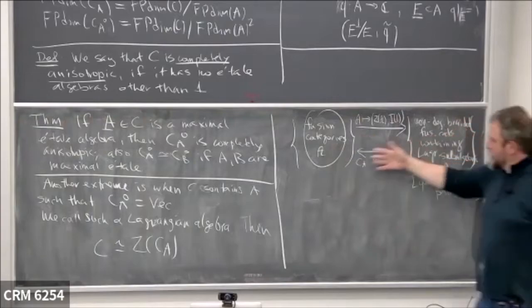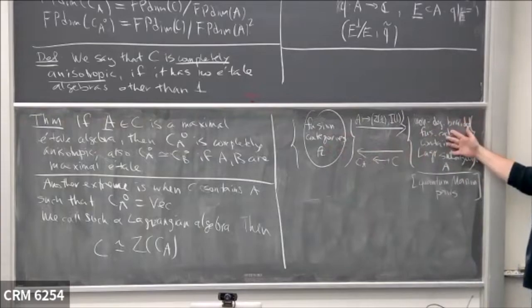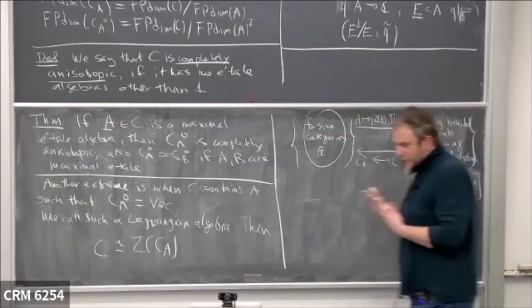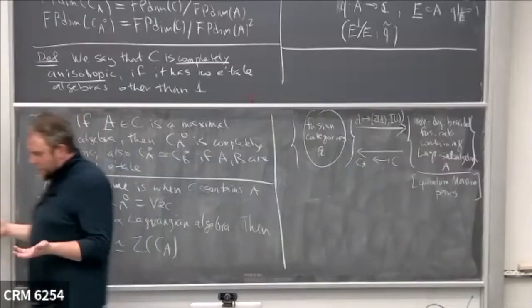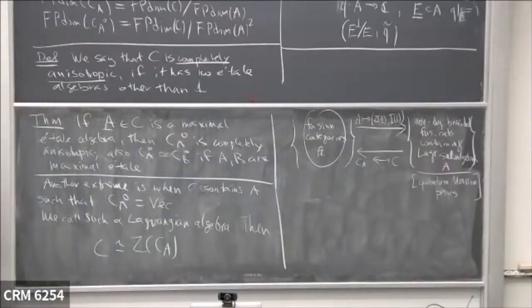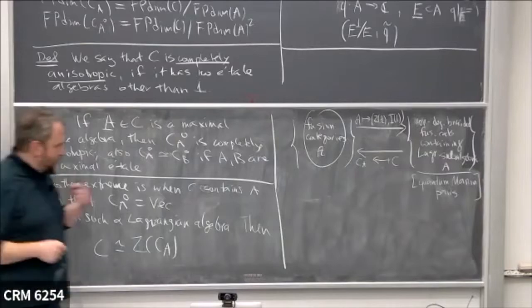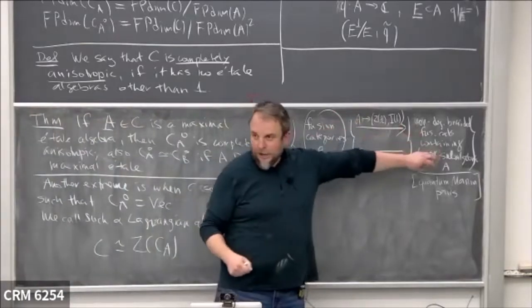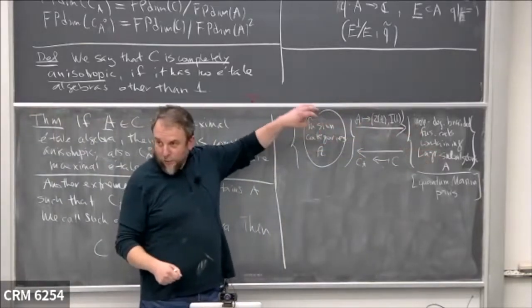So everything to know about A will be contained in this data, yes? Which might sound a bit surprising because on the surface, a braided fusion category is a fusion category with additional structure, so the theory should be more complicated. Well, the exact opposite is true. The theory of braided categories is easier and in fact includes the theory of all fusion categories.